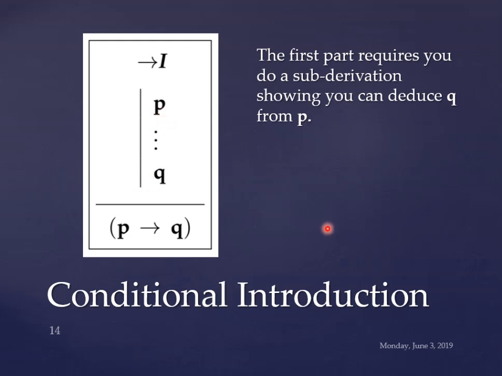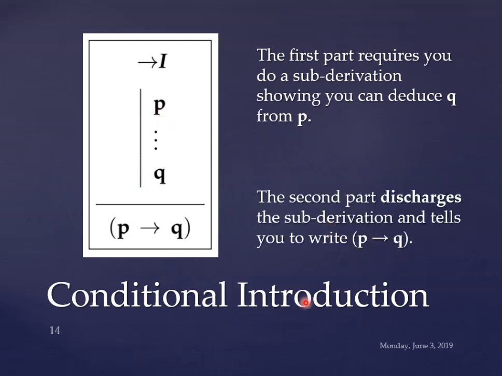Once I do that, the second part is a special action where I stop the subderivation and move back to the left. That's called discharging the subderivation. When I stop the subderivation and move the indent back to the left, I've discharged it. And then the rule tells me to write down P arrow Q.